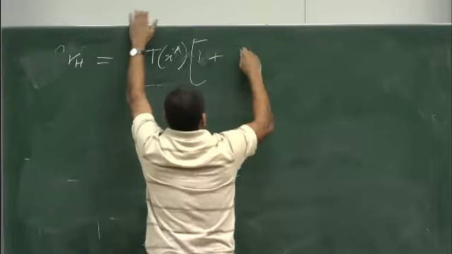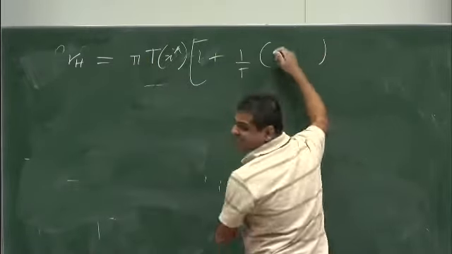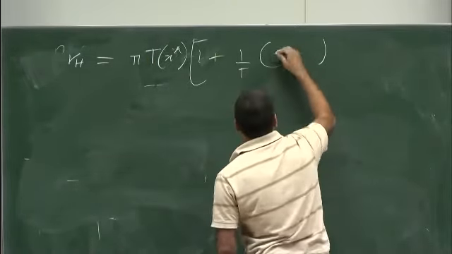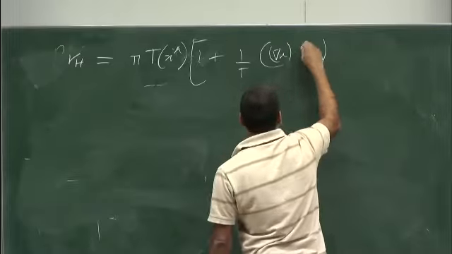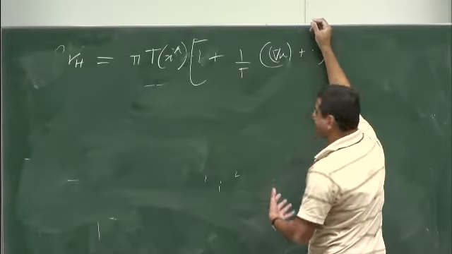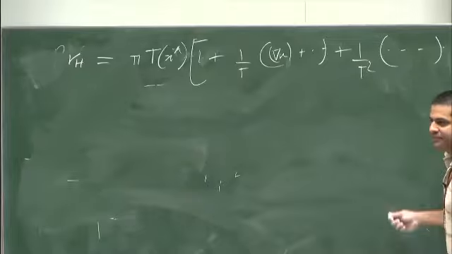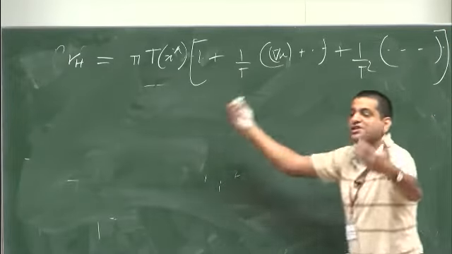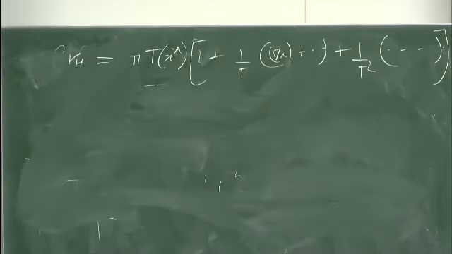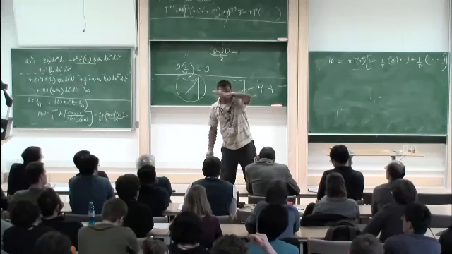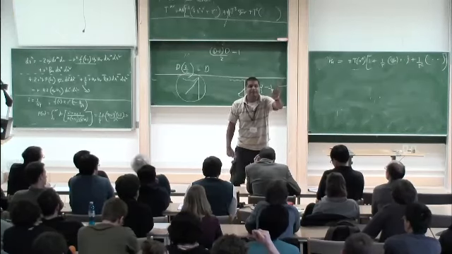So 1 plus something of order 1 by t times first derivative scalars. So for instance, del dot u times something. All scalars you could write down of first derivative order, plus 1 by t squared times second derivative scalars, and so on. We've evaluated the location of this event horizon accurately to second order. The important thing is that there is a local expression that determines the location of this event horizon in terms of local fluid data. Yes?